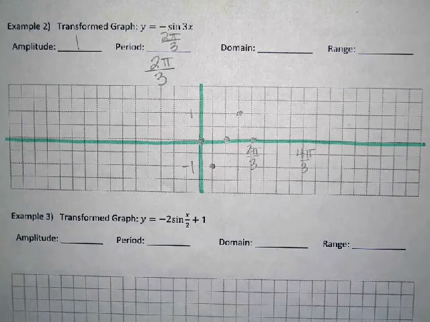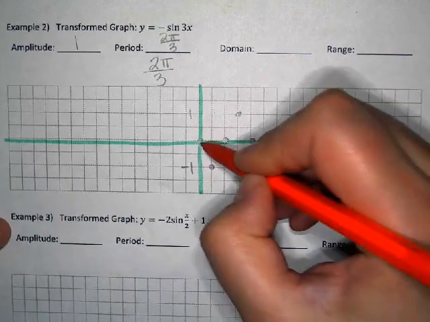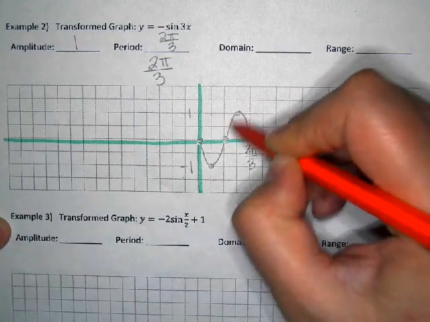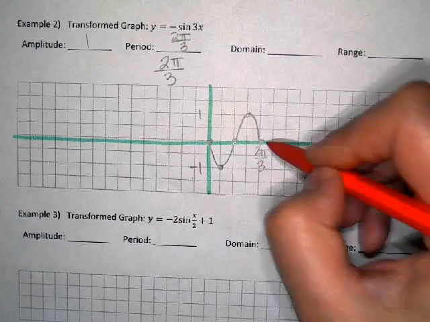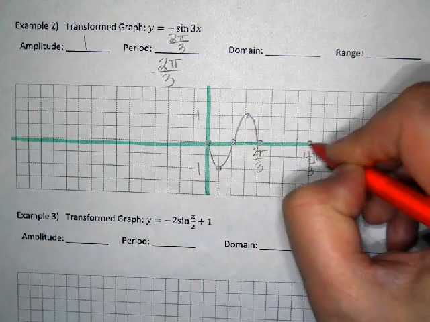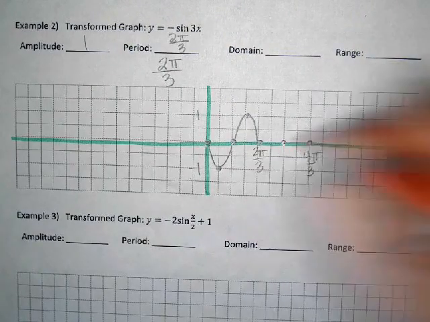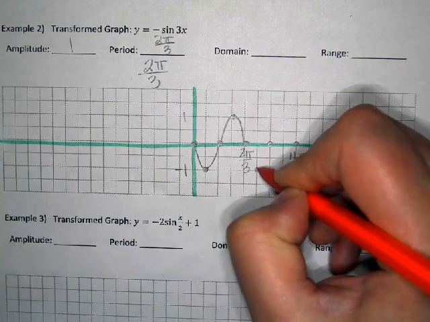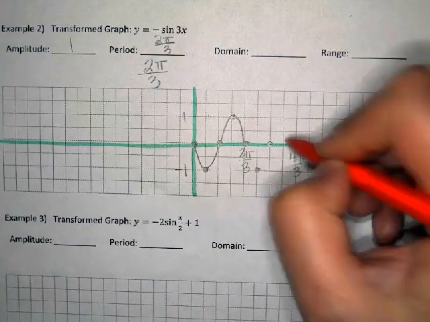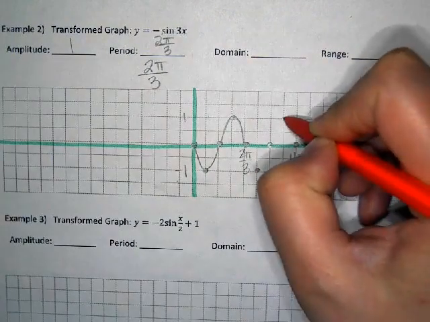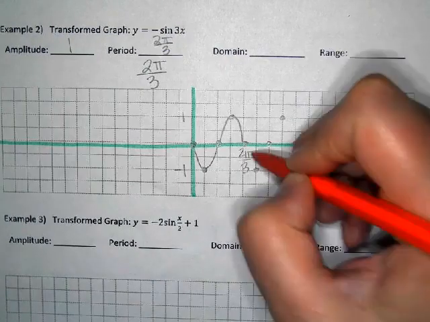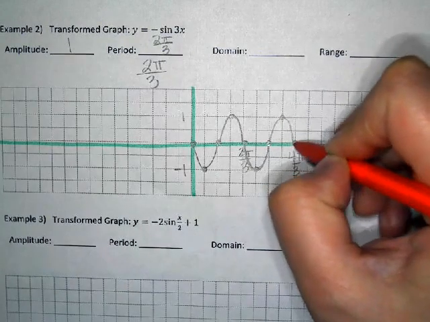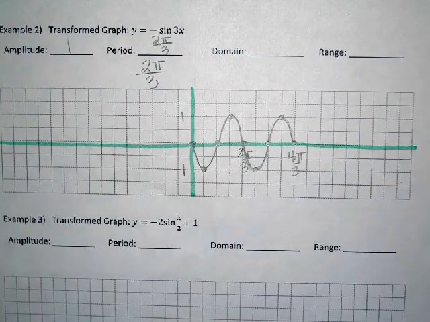All right, I got my U shape. And then I do it again. I got my beginning, my end, my middle. Between the first 2 points, I dip down to -1. Between my second 2 points, I go up to +1. Okay, 2 pi thirds, 4 pi thirds, what would be next?